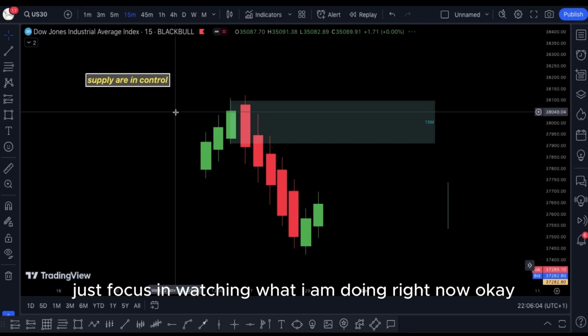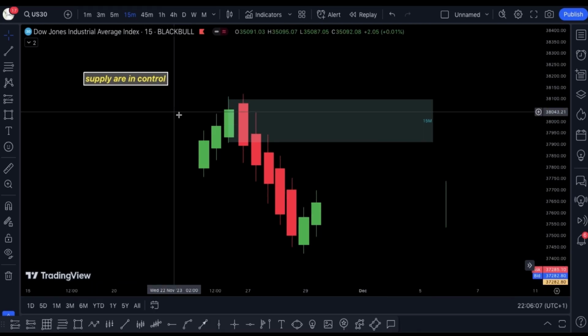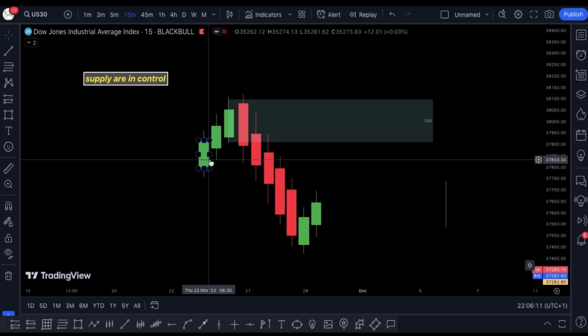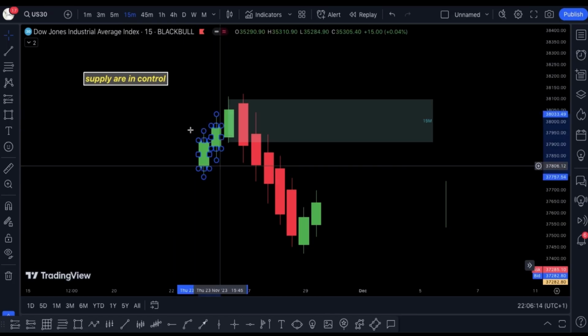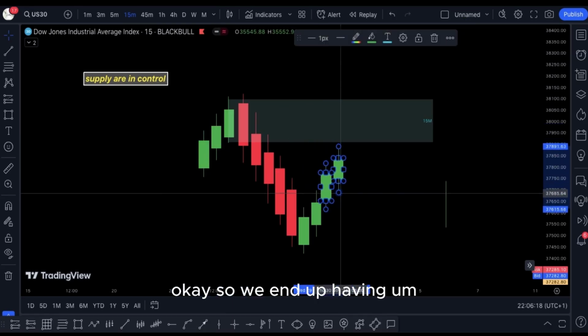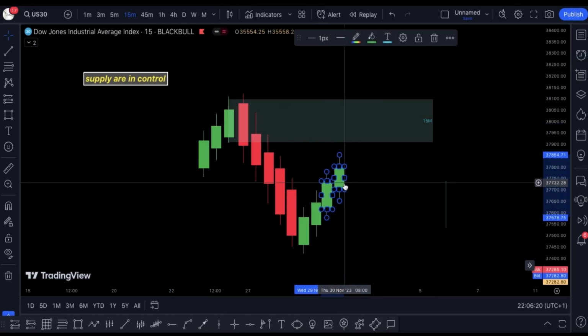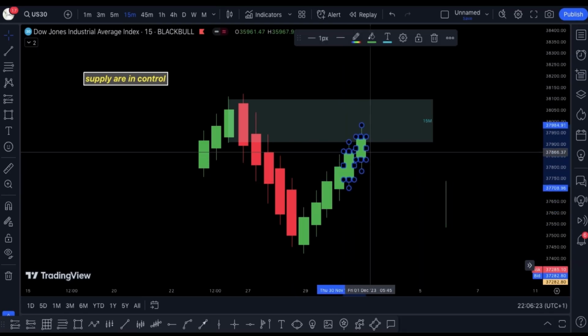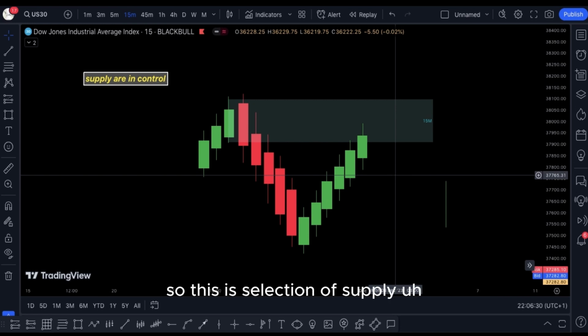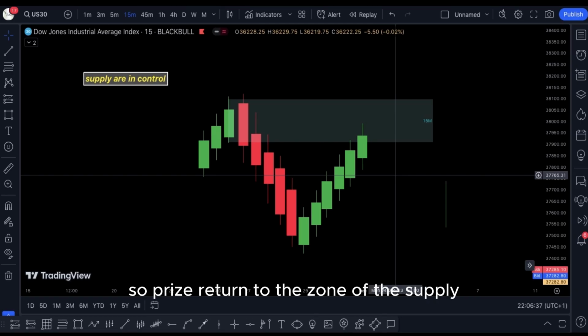Just focus on what I'm doing right now. So we end up having candlesticks that print and come back to supply. So this is selection of supply and return to the zone of supply. So price returns to the zone of the supply.